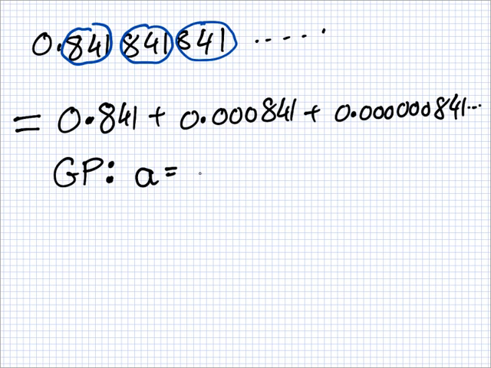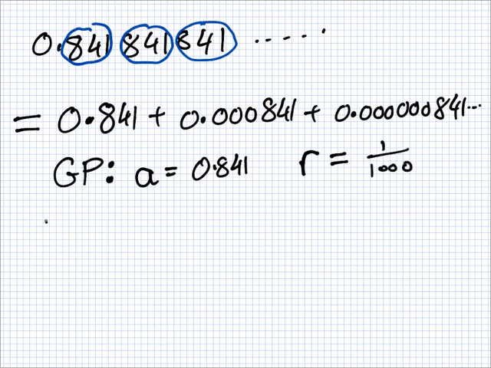What do you think? 0.841. Correct. And what's the r? You can use your calculator if you need to. 1 over 1,000.